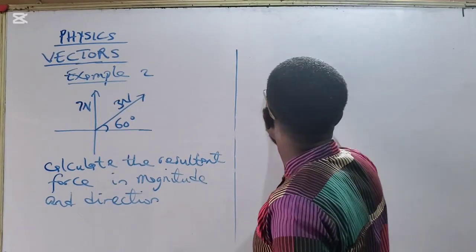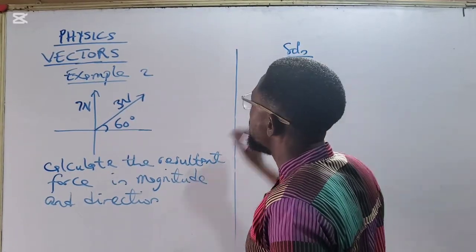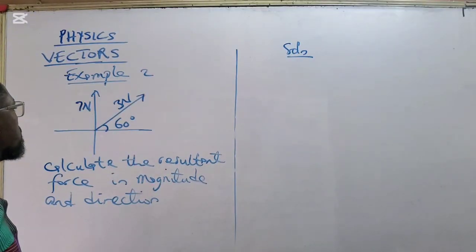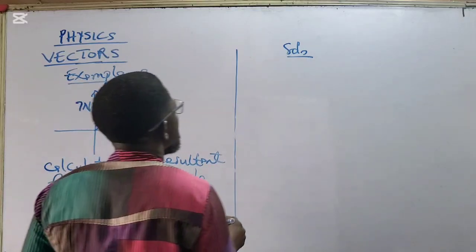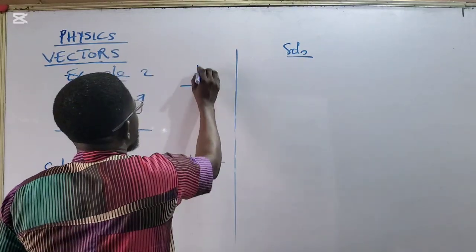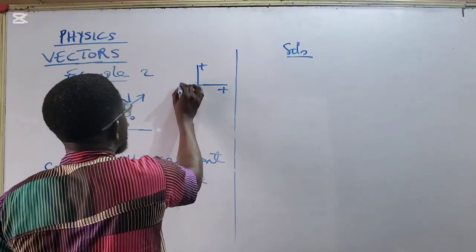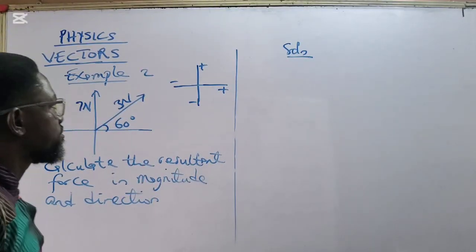What we do in this case is to resolve first to the horizontal, then to the vertical direction. Remember, this part is positive, this part is positive, here is negative, and this part is negative.